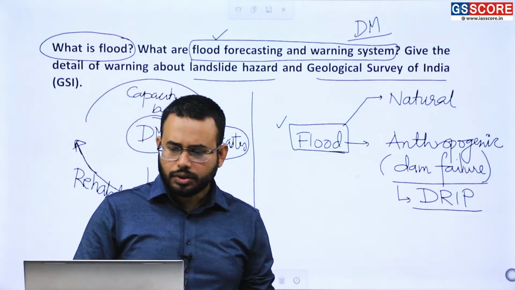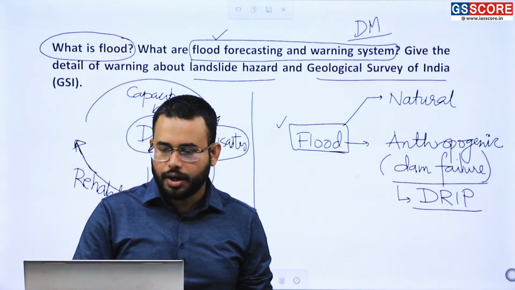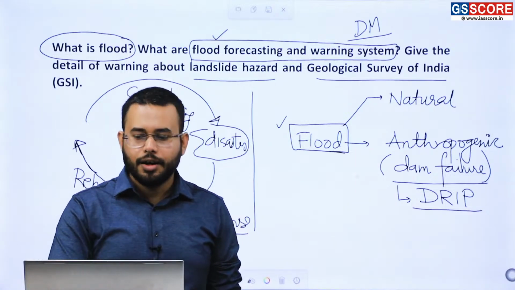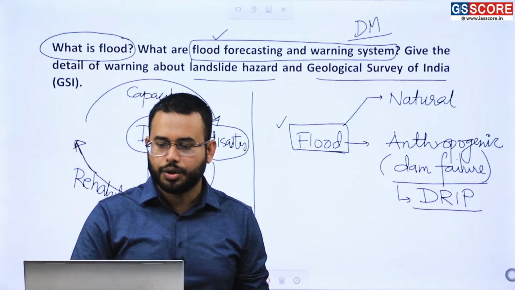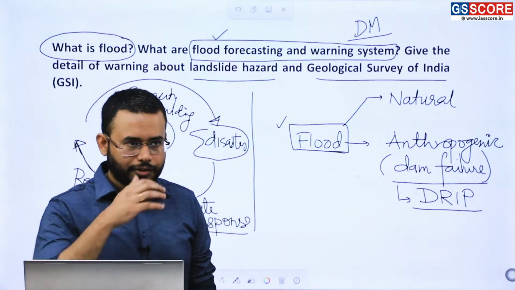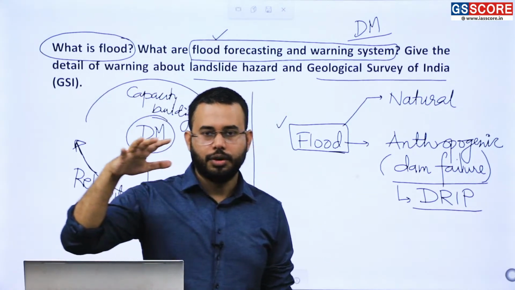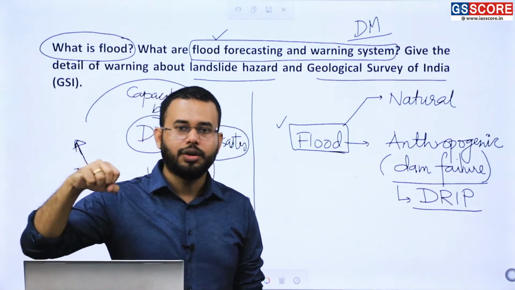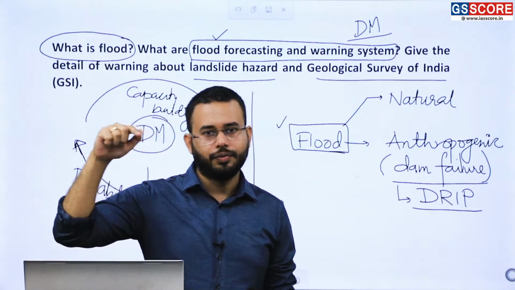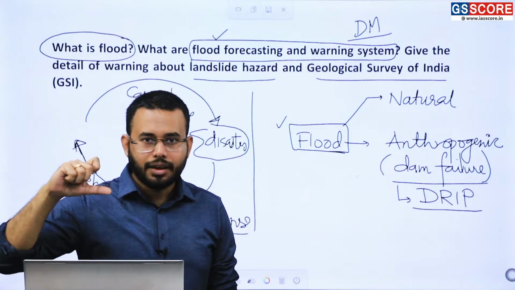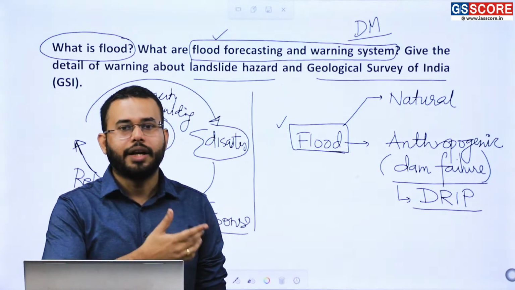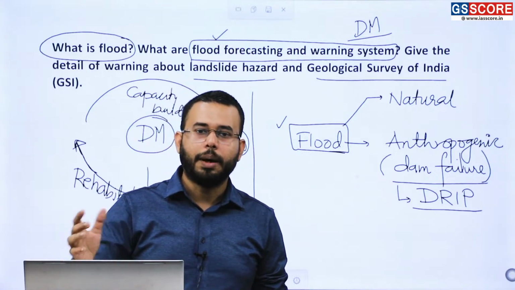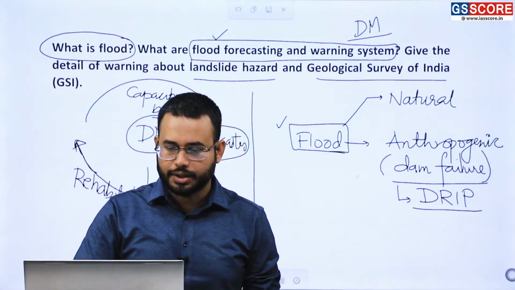Now once the potential flood events are identified, early warning systems are activated to disseminate information to the public and authority. So if the monitoring system has found an outcome that flood can happen, then dissemination of information is another aspect, which is providing the early warning to the public as well as the authorities.